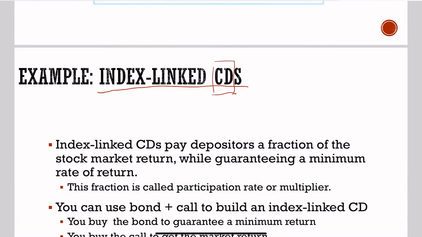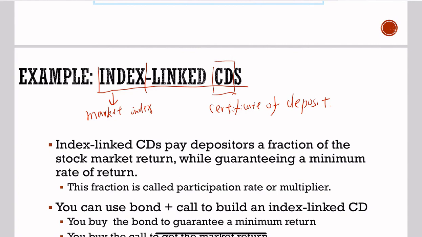First, it's a CD, right? What is a CD? It's just a certificate of deposit. So essentially, it's just a deposit. Now, index linked. What is this index? It basically means market index. If you're in the US, you could consider S&P 500 as the market index.